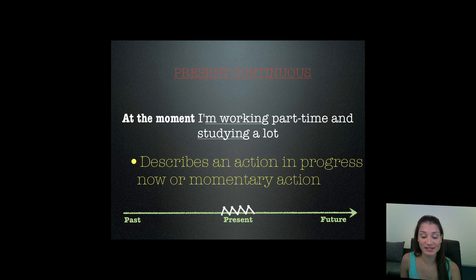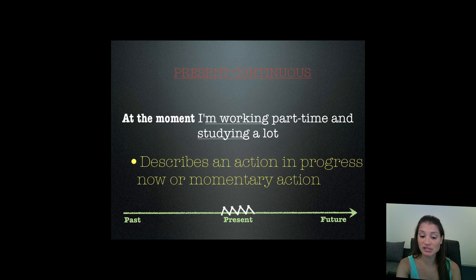The next sentence is present continuous. At the moment, I'm working part-time and studying a lot, which means that you are describing an action in progress now or momentary action. Let's look at the timeline, so then this makes more sense.